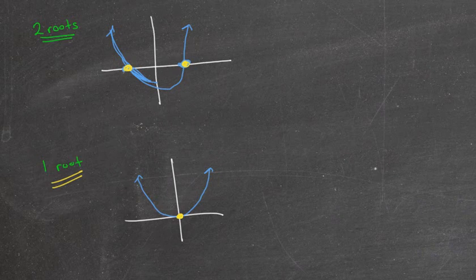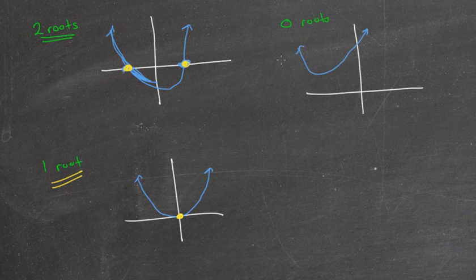So what happens if you have no roots? Well, some people think that because there are no roots, it means that the parabola can't exist. That's actually incorrect. It certainly does exist. It exists completely above the x-axis. What we actually say is it has no solution, but that just means that it sits completely above the x-axis.